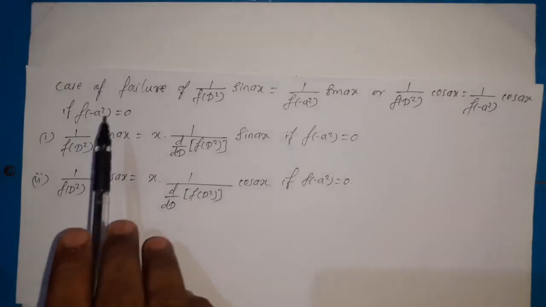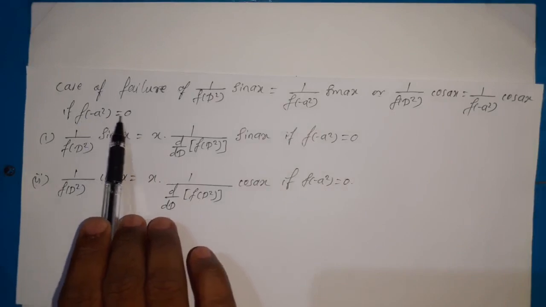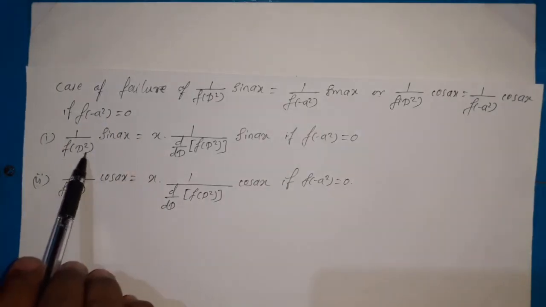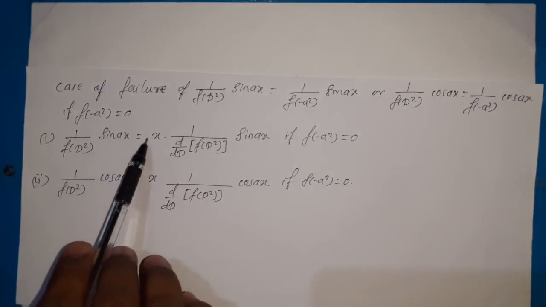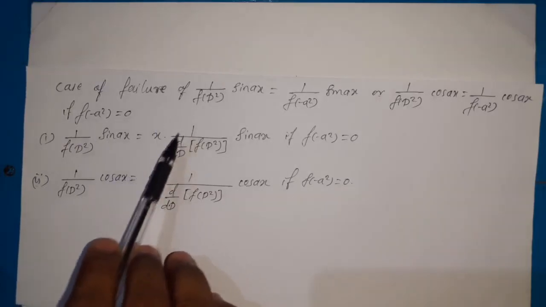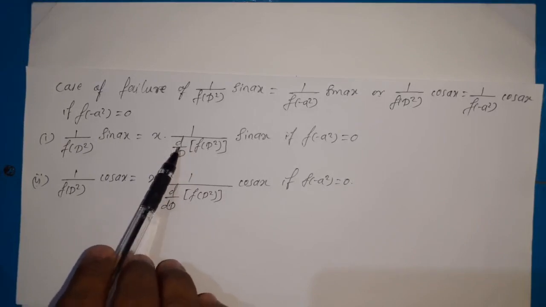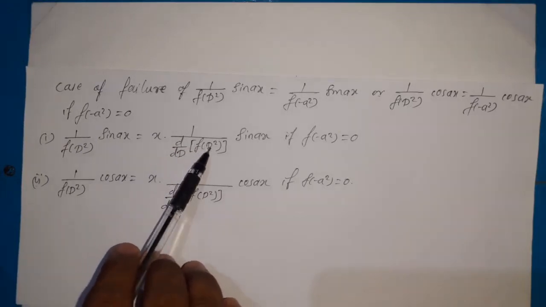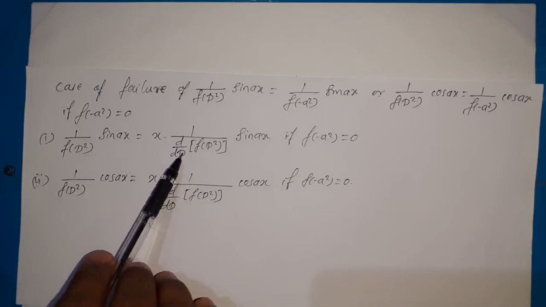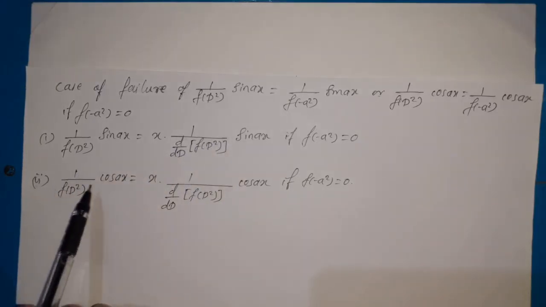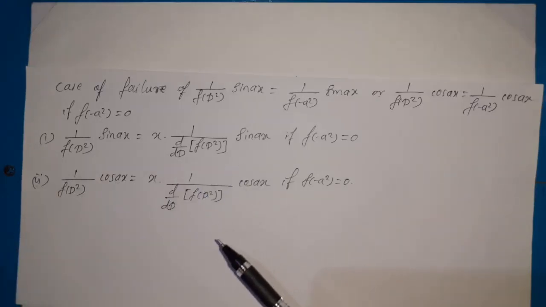So if f of minus a square equals 0, then 1 divided by f of D square sin ax equals x into 1 divided by d/dD of f of D square, sin ax, and 1 by f of D square cos ax is also the same because both sin and cos are of the same type.